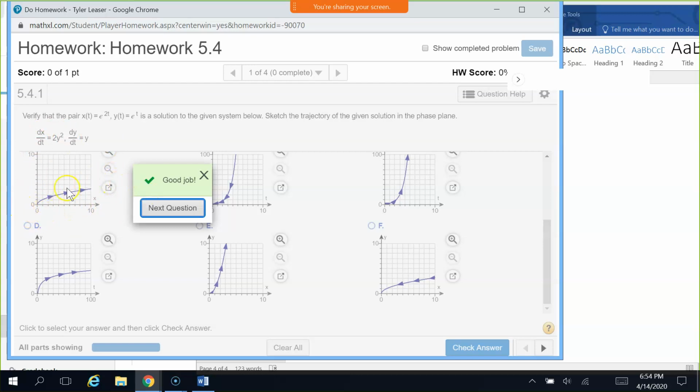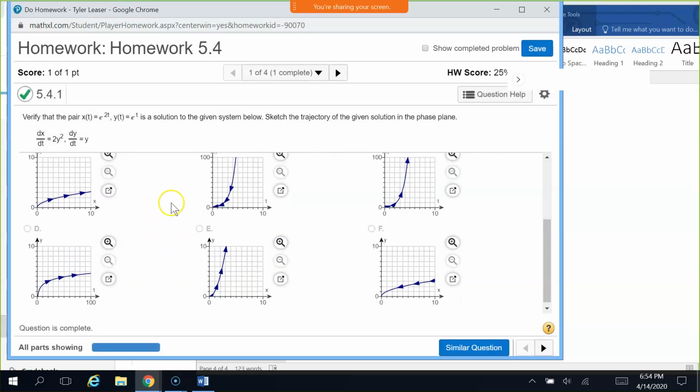So here container A would fill up much quicker than container B, but every single ordered pair here would be the pairing of container A versus container B at that particular time as the trajectory takes its course. This will make a lot more sense in sections 5, 6, and 7 when you get into word problems. Then you can come back to this idea and see how the phase plane helps us with these solutions.